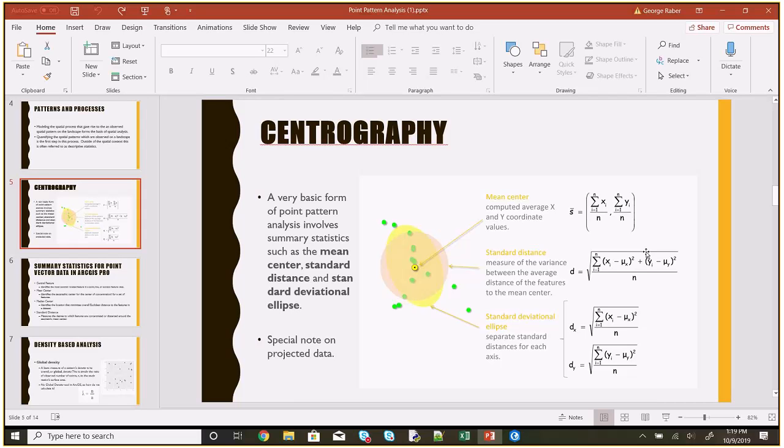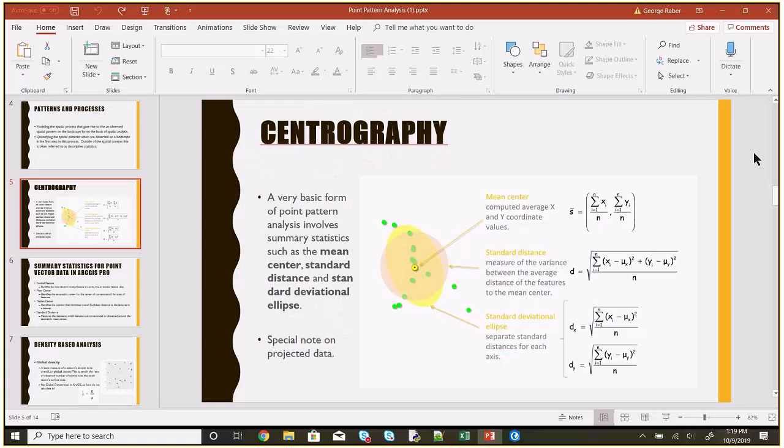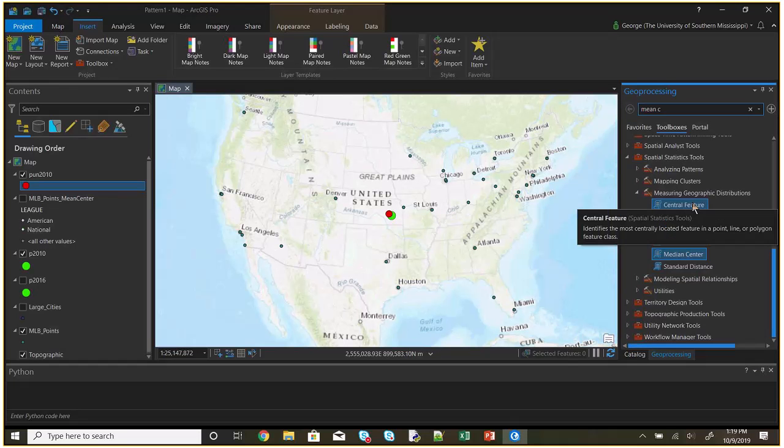All right. So the next step would be to look at the central feature. We never did it, so I'll show you how that's different from the mean center. ArcGIS actually has this tool called the most centrally located feature in a point, line, or polygon feature class.